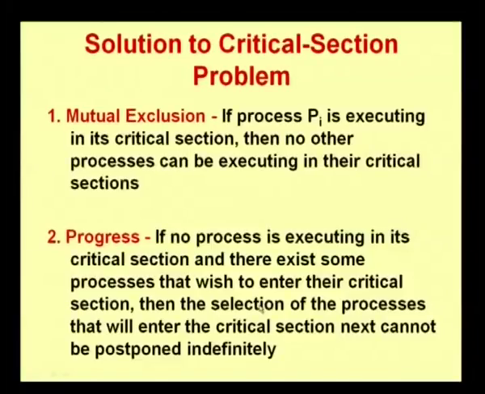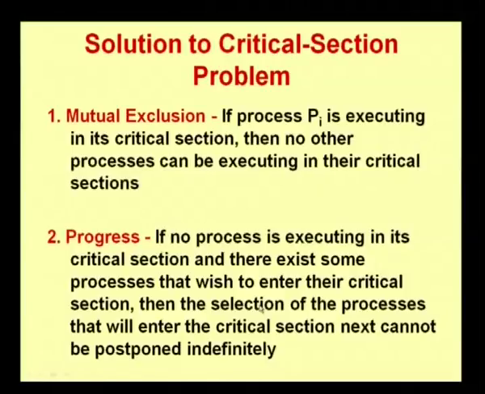If it knows this process will be waiting for some 5 milliseconds, then the other process P2 can wait for only 2 milliseconds, which may be a higher priority process, and another process may be waiting for 7 milliseconds. So what happens is that P2 will go into the critical section and get completed. Then P1 goes into the critical section and exits. Then P3 goes into the critical section and exits. So this is another solution.